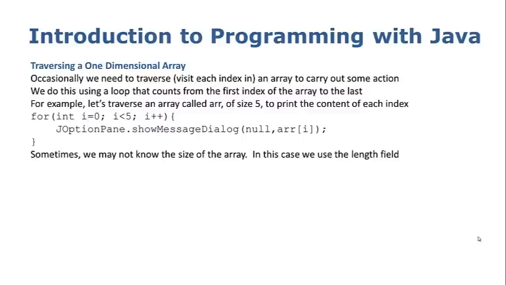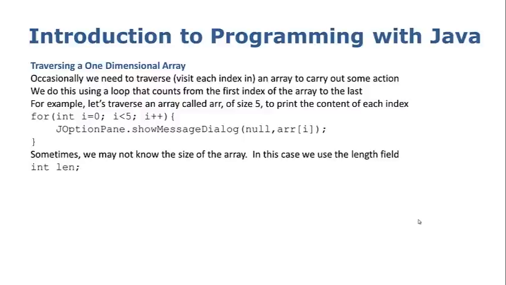Sometimes, however, we may not know the size of the array. In this case, we can use the length field. Now I call it a field here instead of a method because while it behaves for all intents and purposes in the same way that the length method that we use with the string class behaves, it's not technically a method. But it does work in much the same way.